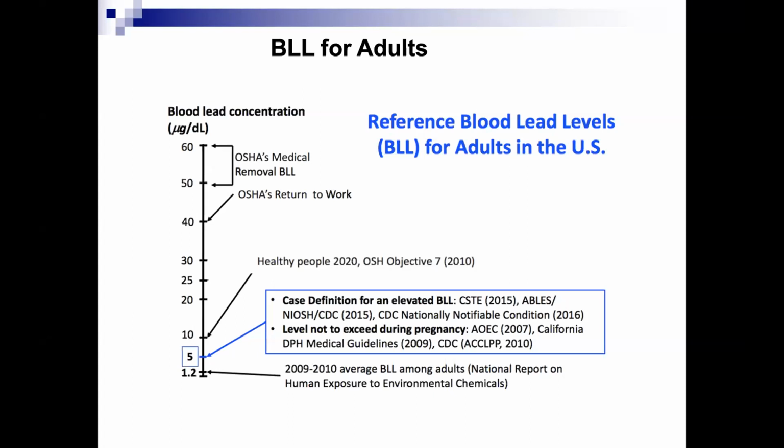The average blood lead level among adults from 2009 to 2010 was 1.2, and I think it's even lower now, because we've done a lot of good work getting lead out of our environment, but unfortunately, we still have a lot of people who are occupationally exposed to lead.